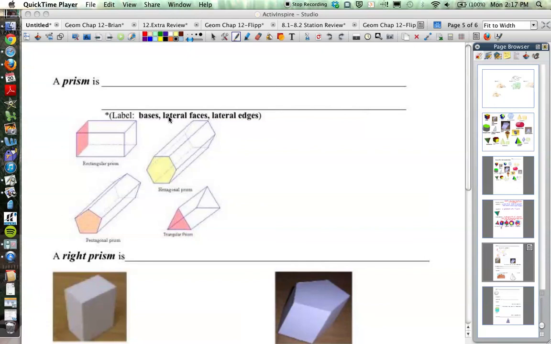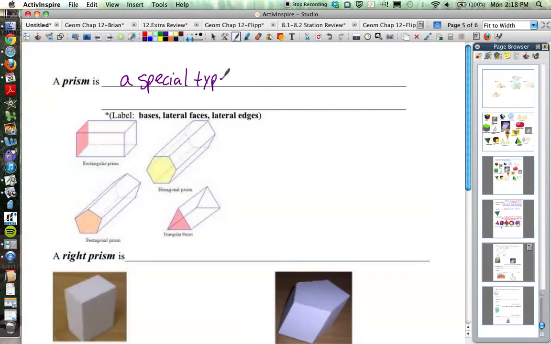All right, now we have something called a prism, and we have used some of these terms throughout the year here, and some of them might be familiar as well, but we're going to officially define it here. So a prism is a special type of polyhedron. Two of the faces are called bases.